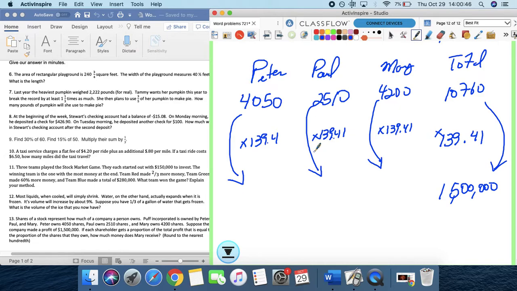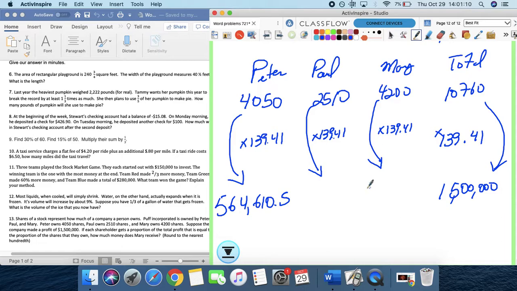So let's start with Peter. He's going to get 4,050 times 139.41, and his share of the price is going to be this. Not bad, right? Paul, he's not going to get the bulk, but he's going to get 2,510 times 139.41.